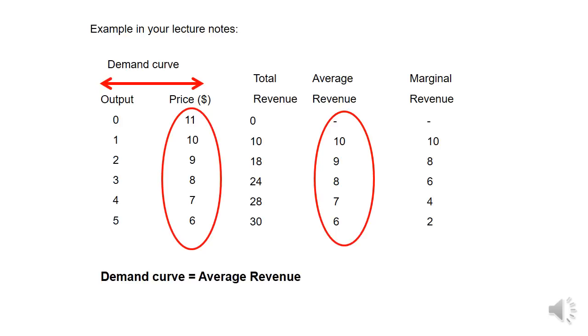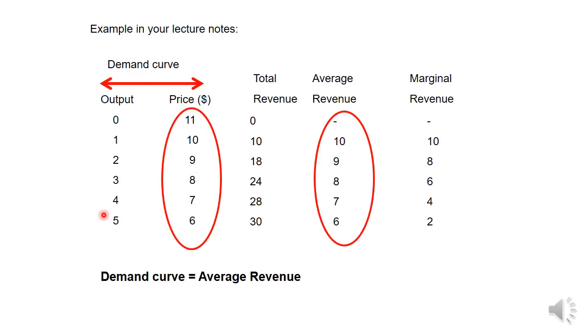But now their product is a little bit special, because of the branding, because of the marketing. So it has some market power, which means that it can lower price to sell more. As you can see, when the output is larger, the price level is actually smaller.